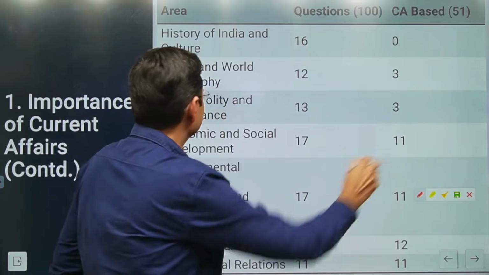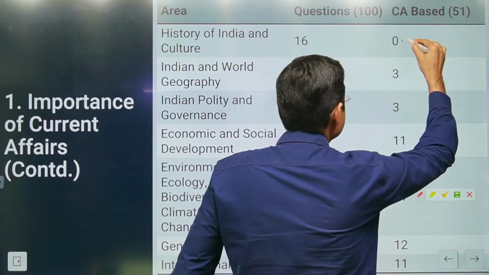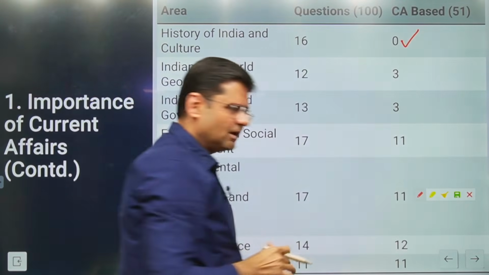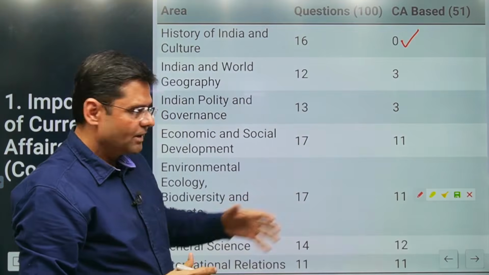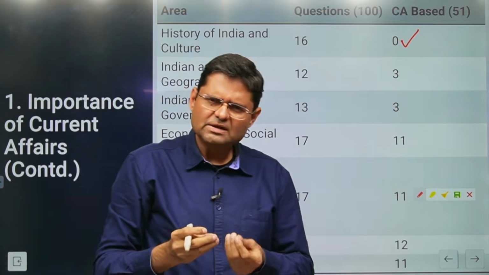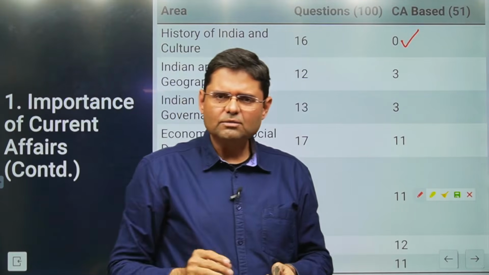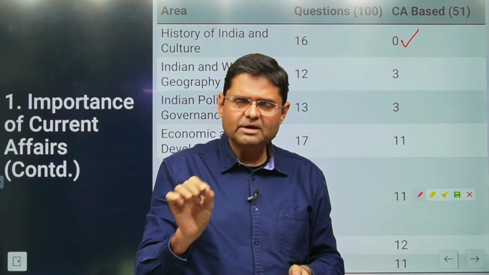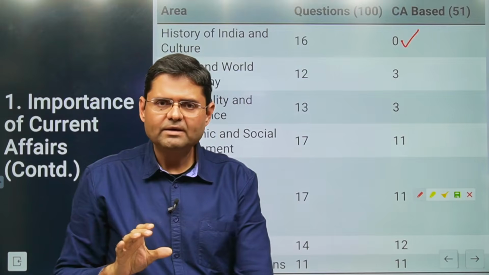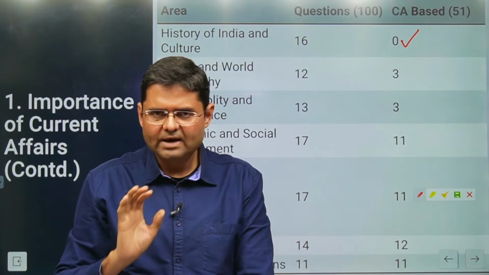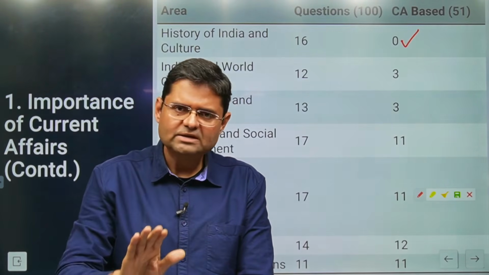So the questions on history, 16 questions on history, in my opinion may be based on some limited fact, but when I analyzed, I saw that maximum 1 question had some link with whatever had happened in the last 1.5 years. So I am putting this number at 0.